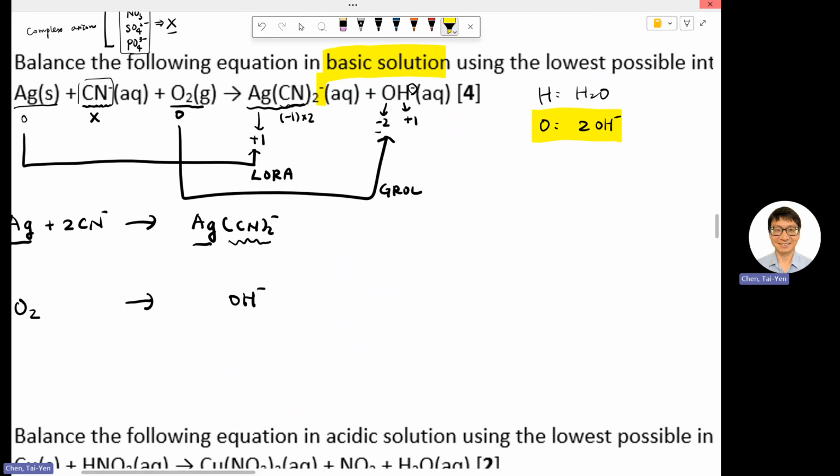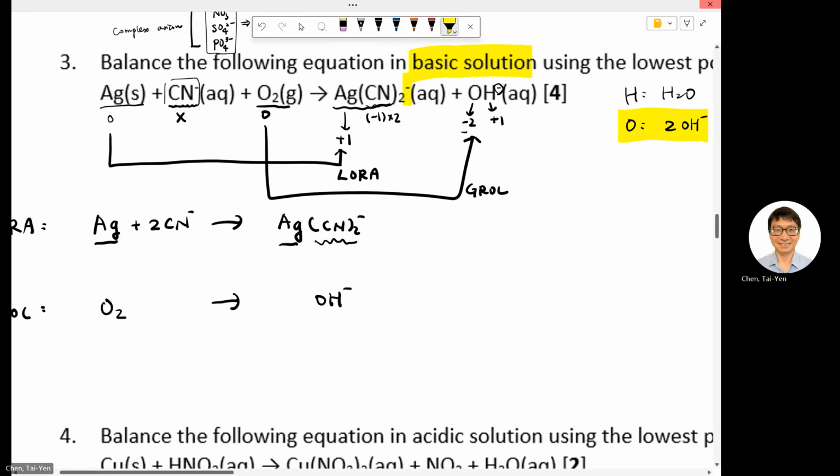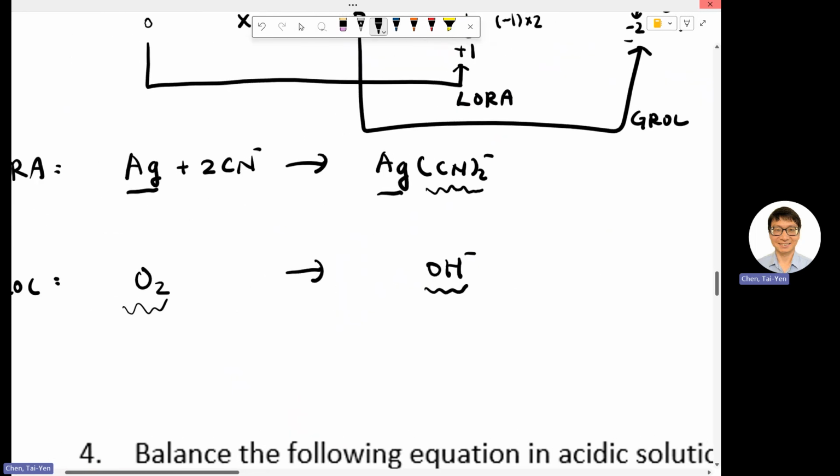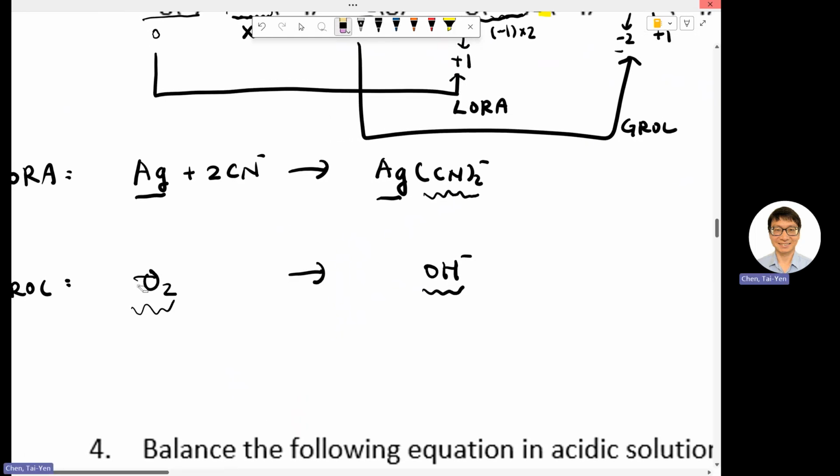But here you have O2 on the left-hand side and OH minus on the right. Every time you encounter this situation, this is what you need to do. You have O2 on your left-hand side. Therefore, on the product side, you're going to expect to have 4 OH minus.